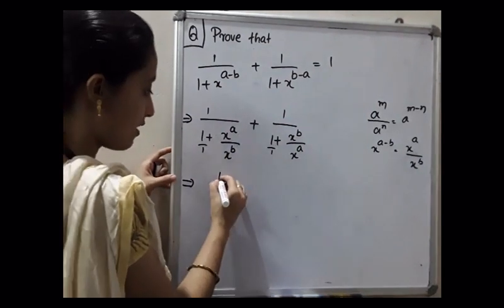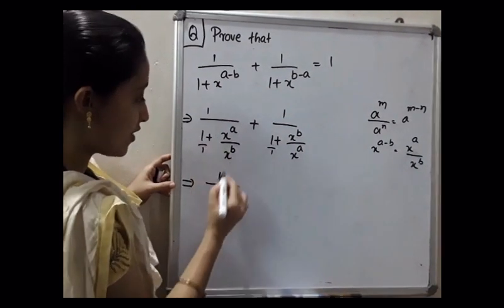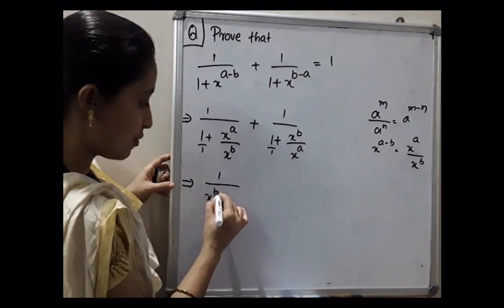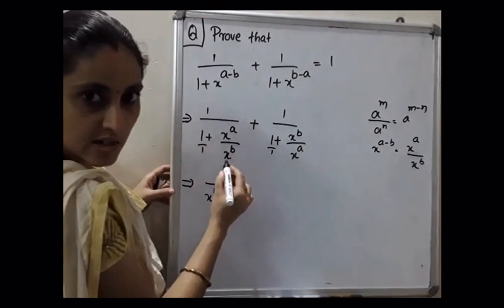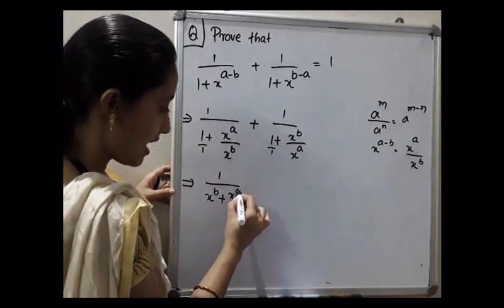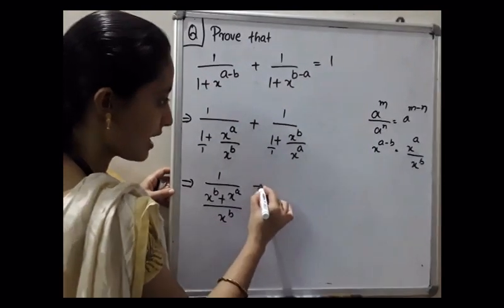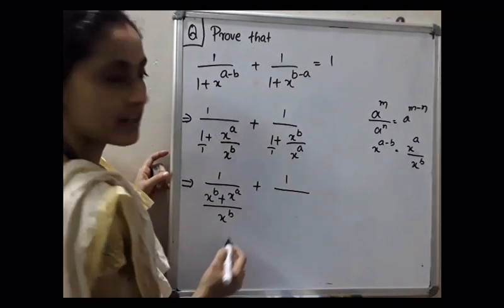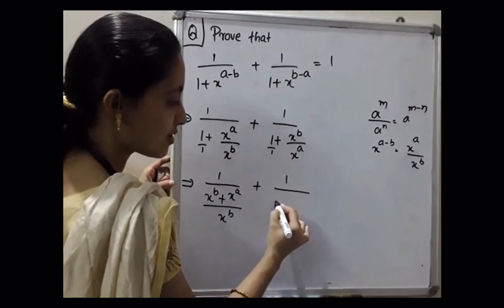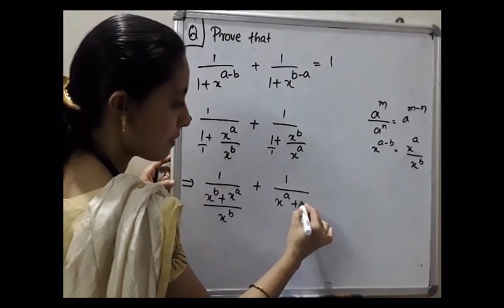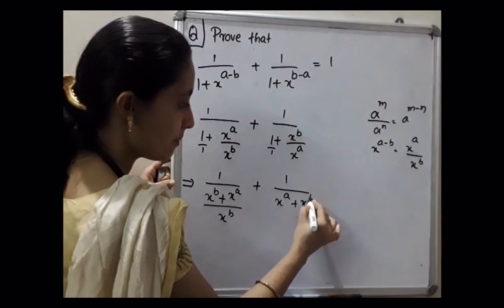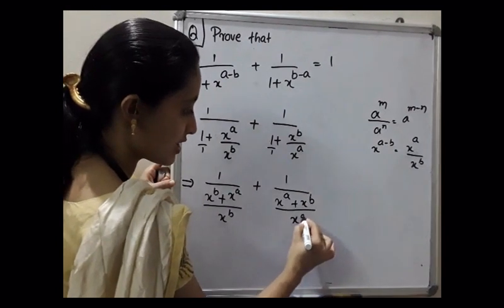Then cross multiplying, what can we write? 1 by 1 into x raised to b is x raised to b, plus 1 into x raised to a is x raised to a, by 1 into x raised to b is x raised to b. Plus 1 divided by 1 into x raised to a is x raised to a, plus x raised to b, divided by x raised to a.